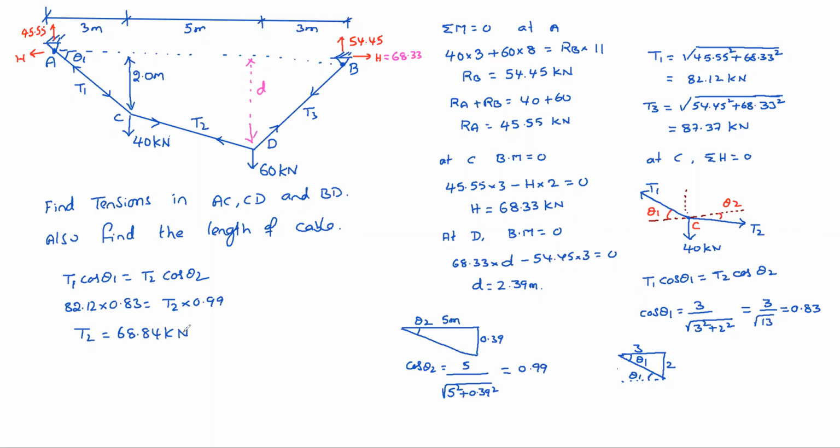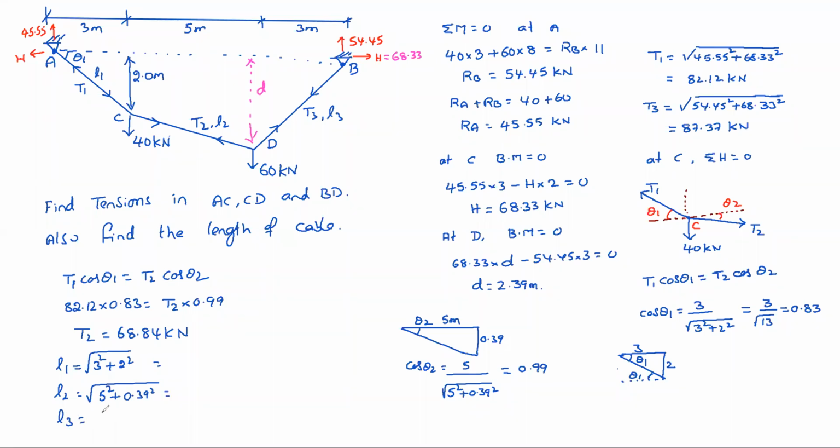Now length of the cable: suppose the first part length is L1, second part L2, third part L3. So L1 equal to square root of 3 square plus 2 square. L2 equal to square root of 5 square plus D, 2.39 minus 2, that means 0.39 square.